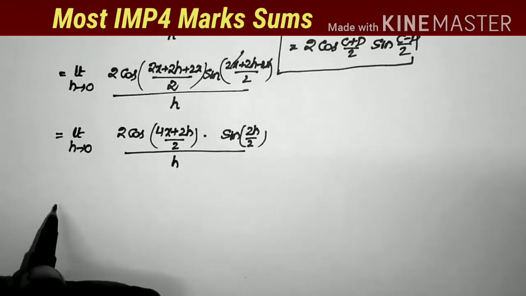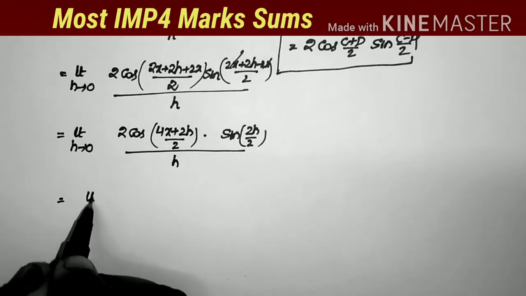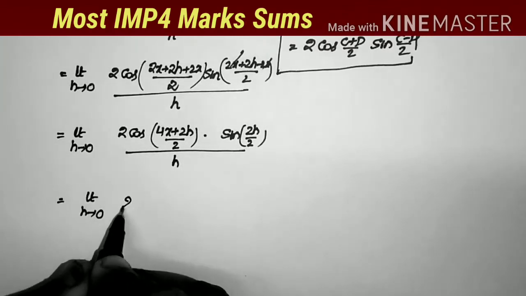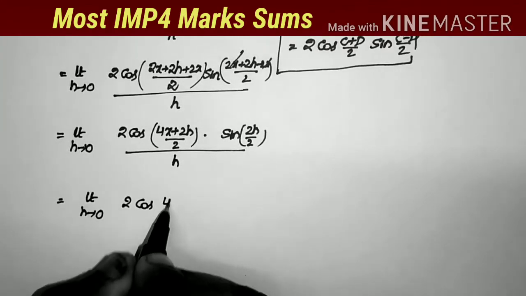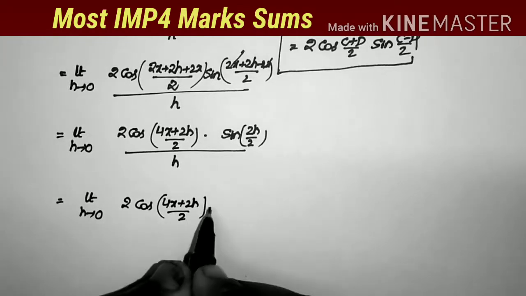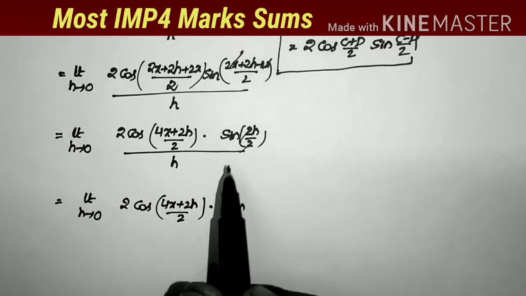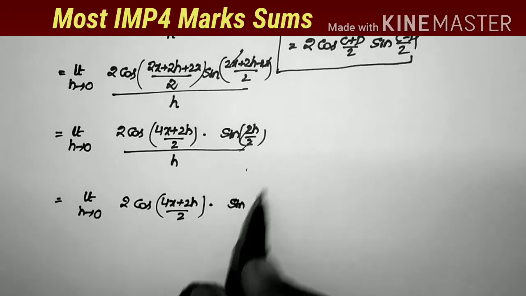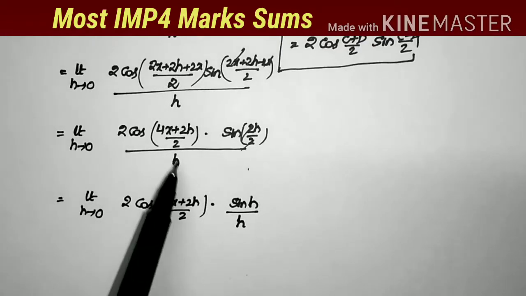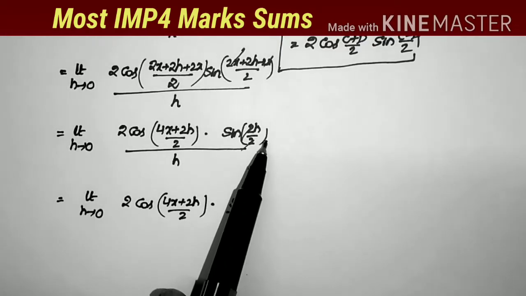Now we separate the limit value. Limit h tends to 0. First we take this value, 2 cos of 4x plus 2h by 2, into sine 2h by 2, which becomes sine h. Sine h by h, that is, we take the denominator to this part only.